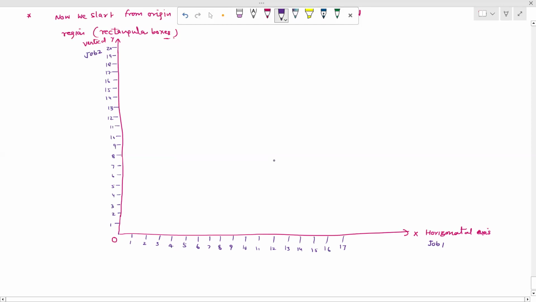The total time for job 1 is 17 and the total time for job 2 is 20.